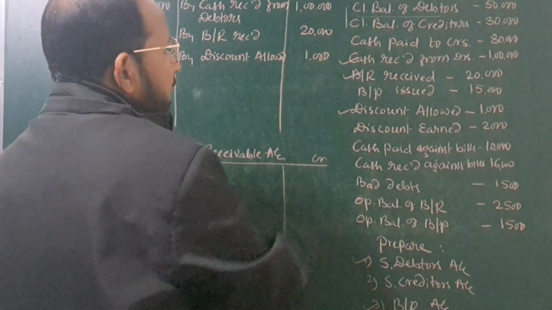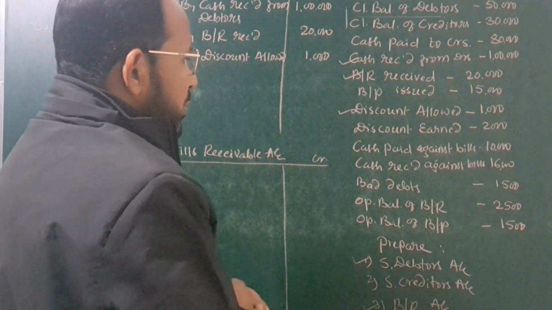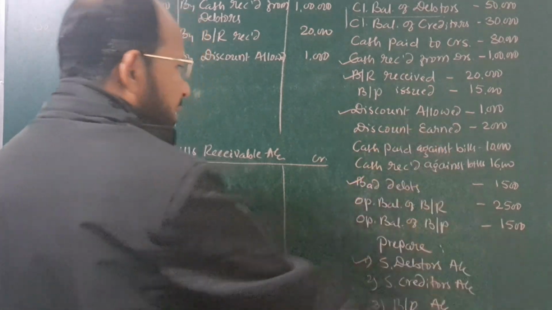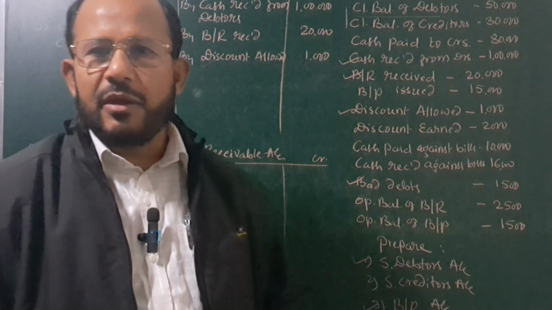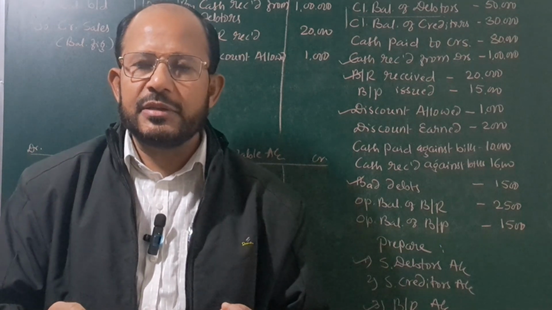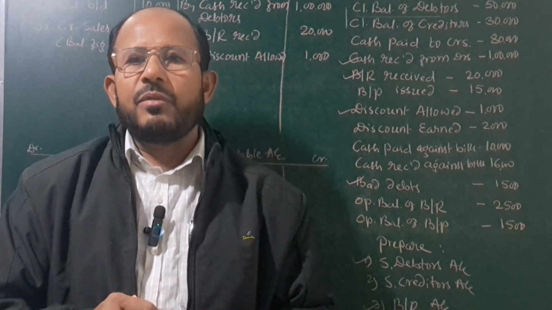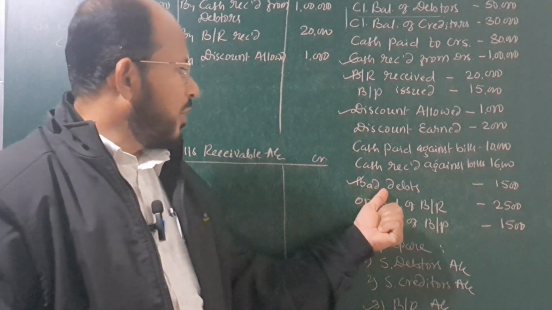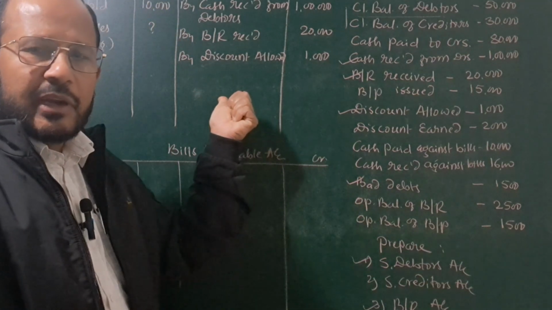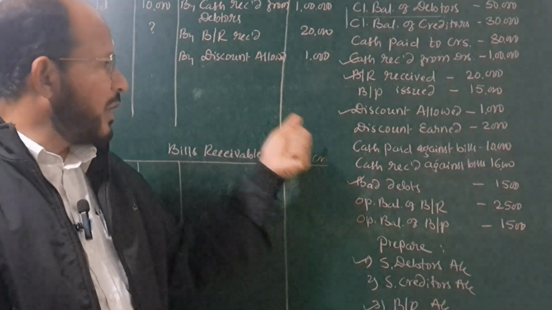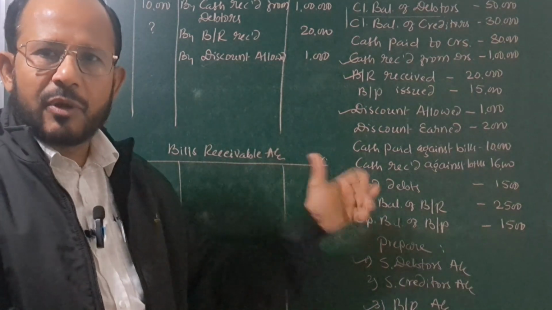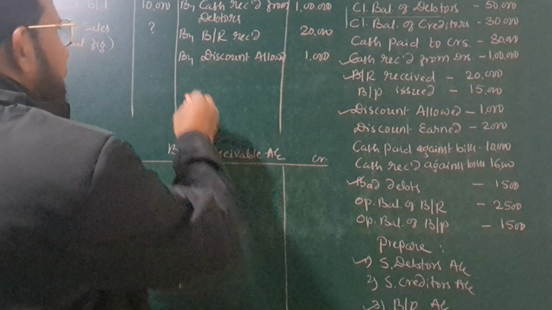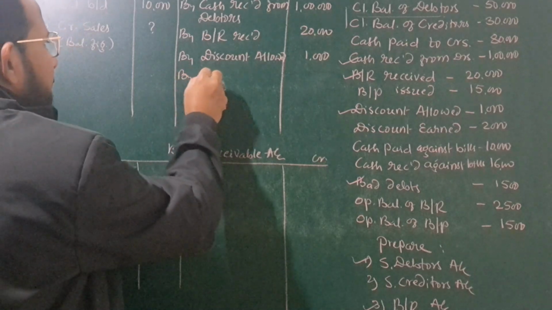That is also credited. Next one is bad debts is given, you see. Bad debts. What is the meaning of bad debts? The amount which is irrecoverable from the debtors. It is a declared loss. Hence, this amount is to be shown on the credit side of debtors account because we are not going to collect this amount. Therefore, it is a loss by bad debts.